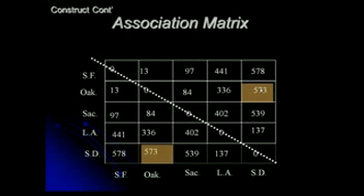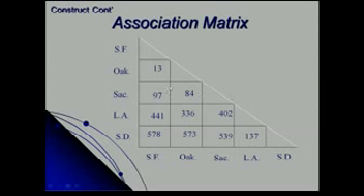In our association matrix, the easiest thing is to get rid of this top half. By doing that, you are left with the same information, but without all the extra noise on top. Again, Oakland is still 573 miles away from San Diego. There's no change. It's the same mileage that was shown in the previous chart.